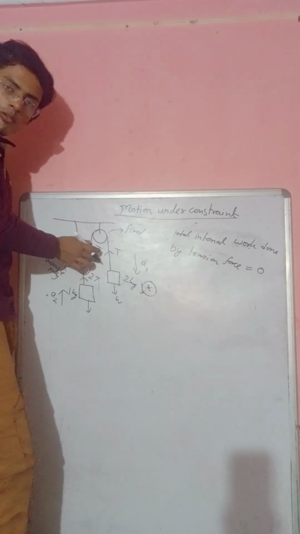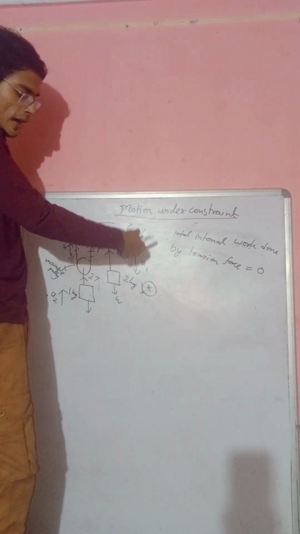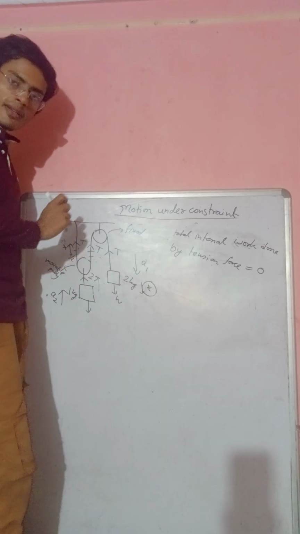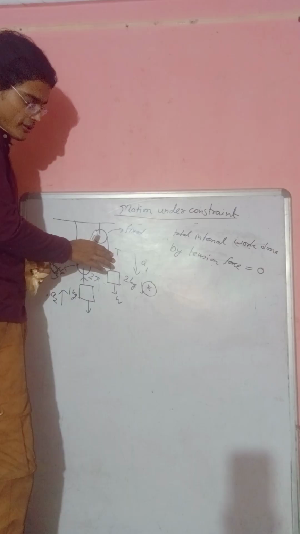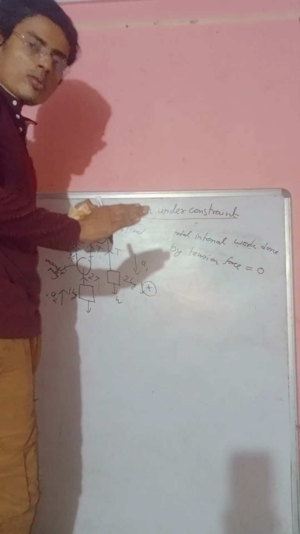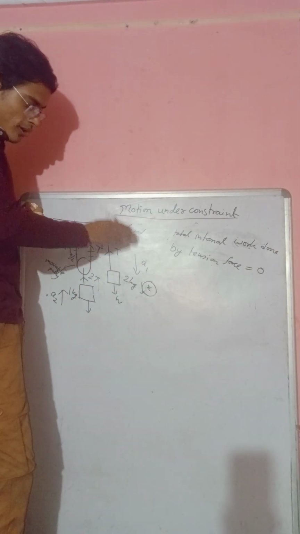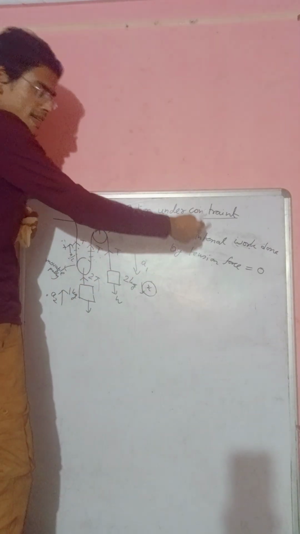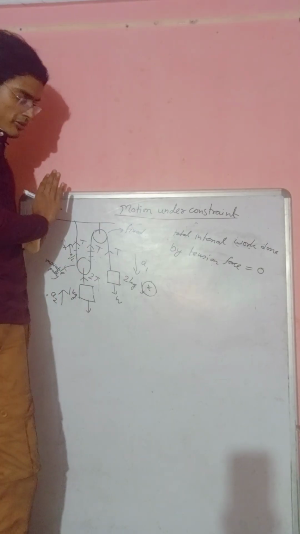Tension is a force here, and the block is moving in the downward direction by a displacement. So definitely work is done by the tension force. Since we are not applying any external force from the outside, the tension forces are internal, and the total internal work is always 0.